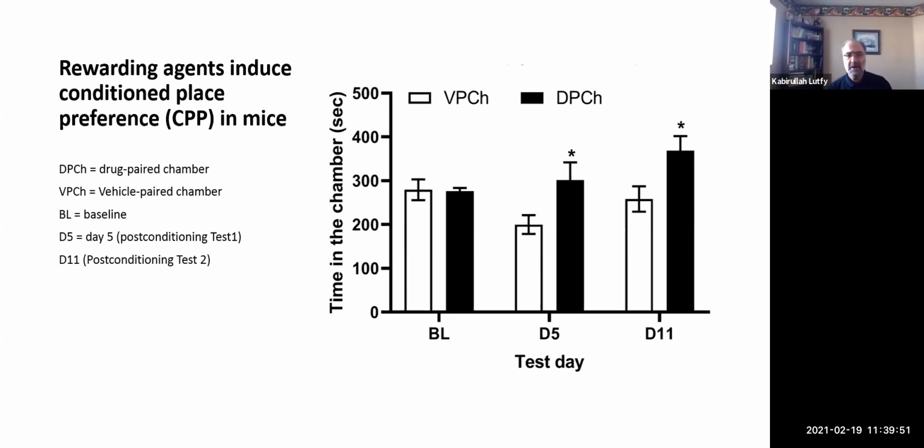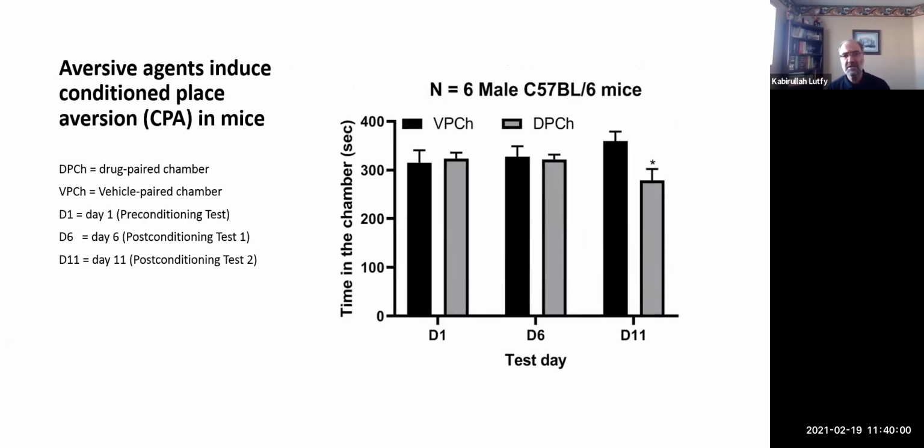So this model can also be used to study aversion. If a drug is aversive, the animal will do the opposite. This is from a study done by Dr. Sahed, who is among the audience, I assume. If you test them for baseline on day 1, there's not much difference, and then you condition them for 4 days, saline to drug, and you can see that there is still only a small change.